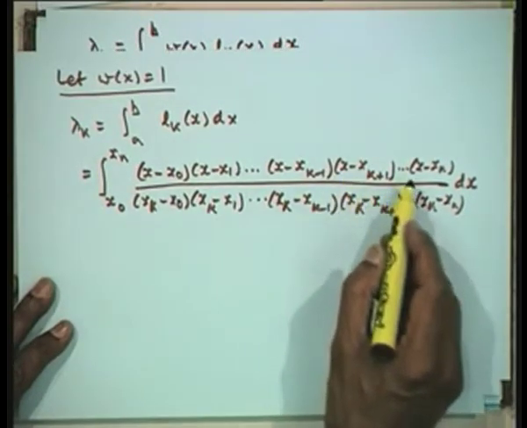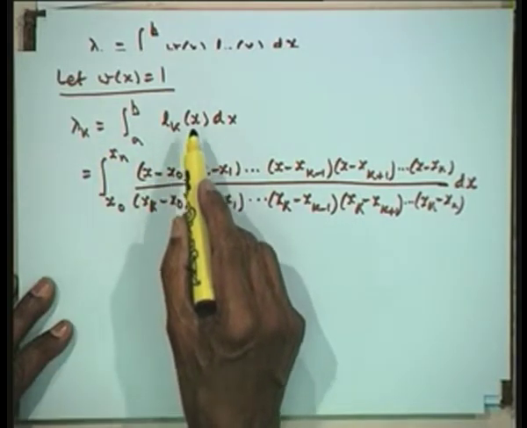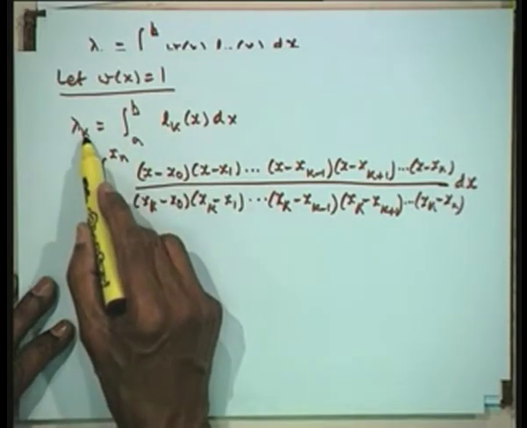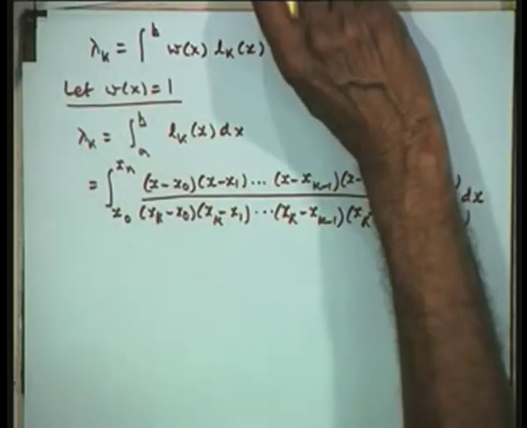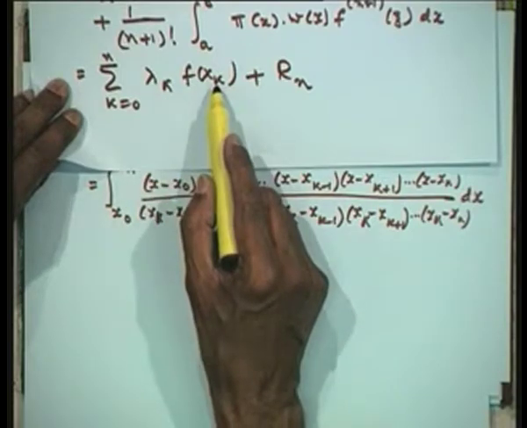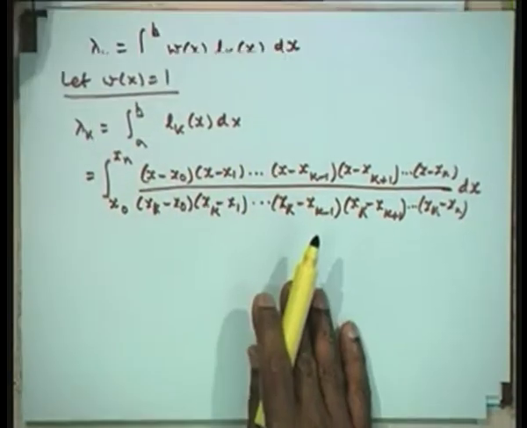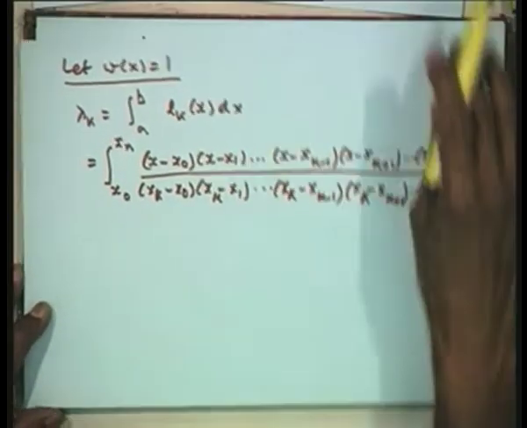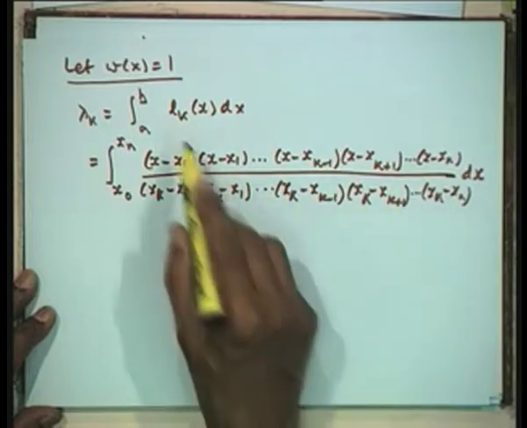I have written the Lagrange fundamental polynomial with respect to the abscissa x k, because on the left hand side I have written lambda k; if in the formula it is lambda k f x k, I have been writing lambda k with respect to the abscissa x k. Therefore, I will be missing the term in the numerator x minus x k, and this is the Lagrange fundamental polynomial.